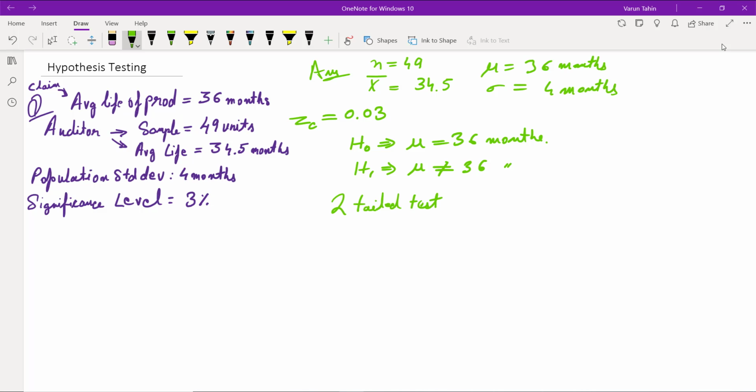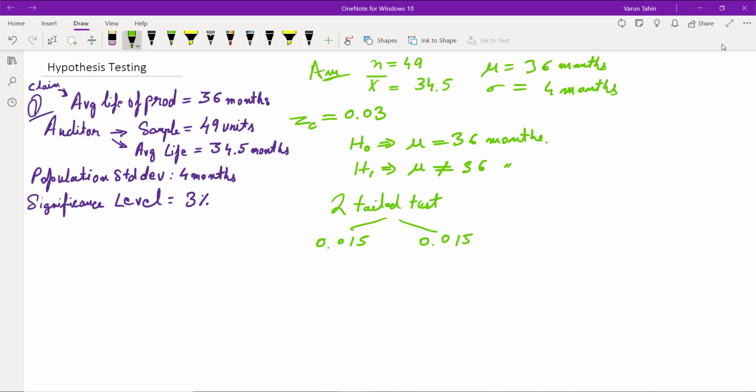Because we have learned earlier that the null hypothesis will have symbols of equal to, greater than or equal to, and less than or equal to, and the alternate hypothesis will have not equal to, greater than, and less than. So for a two-tailed test we can divide this region in two parts. So it will be 0.015 on the left side and the same on the right side.